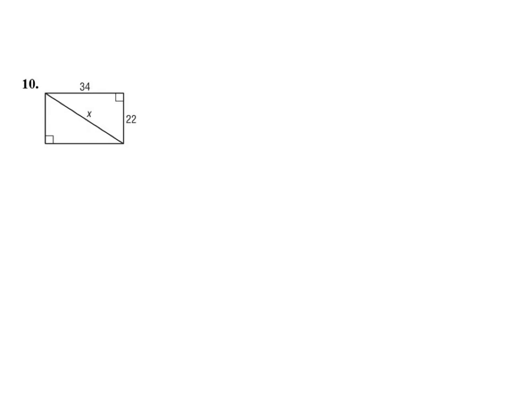Question number 10. Once again, here is our hypotenuse because of the 90-degree angle. This one we don't know the hypotenuse value, so we're going to go ahead and say x is equal to the square root of the legs squared, added together. And then type it in your calculator.